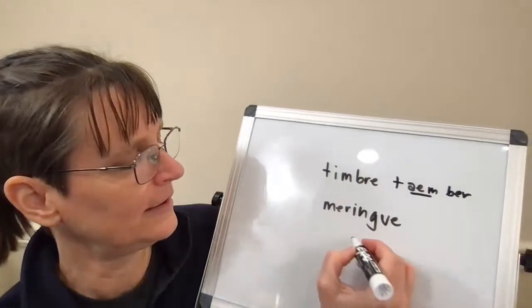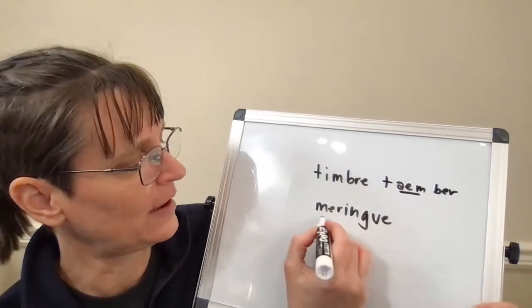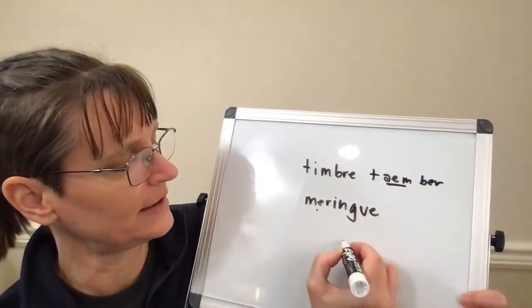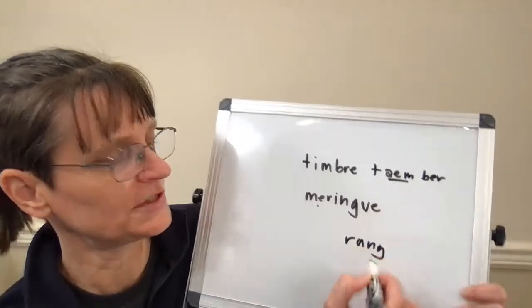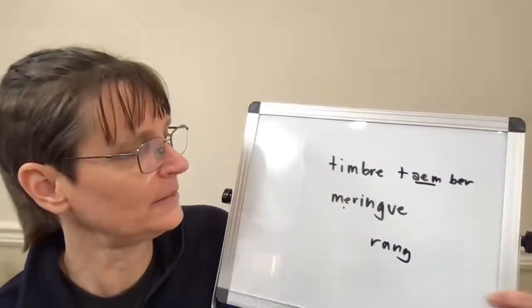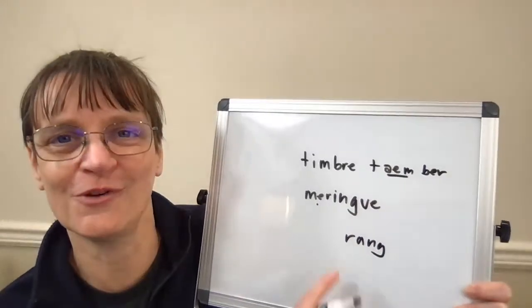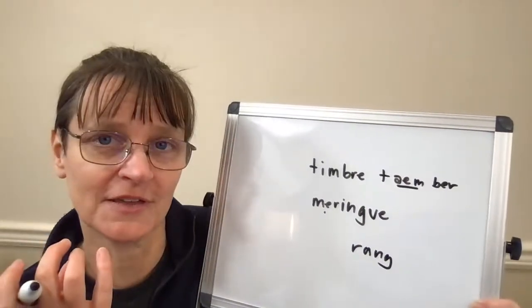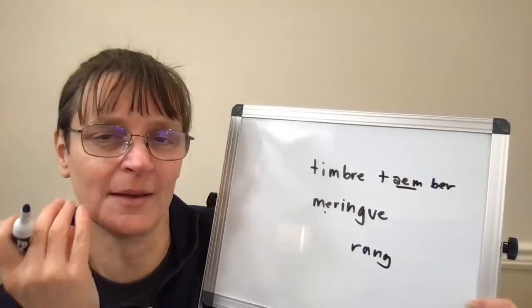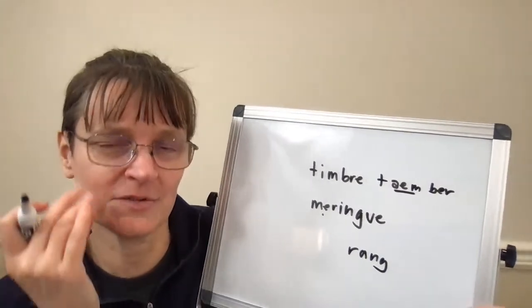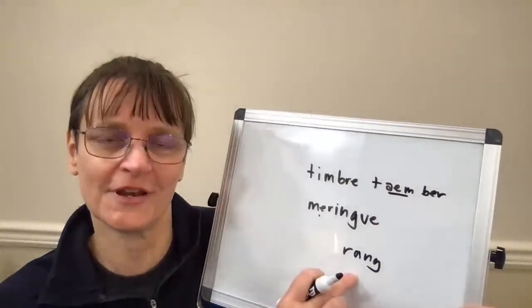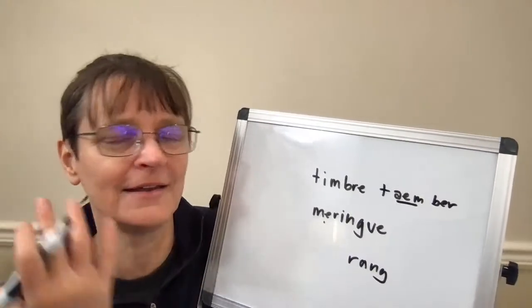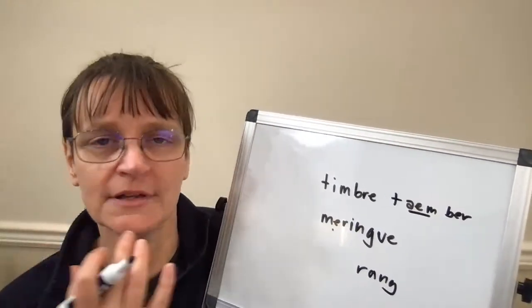So timbre, good. And then for meringue, we have an a vowel, unstressed, and then rang is just like rang, like I rang the bell. Again, another a vowel with an ng. So just like the n, when I had man and hand, where it was nasalized, even more so with an ng sound. Rang, rang. It almost sounds like a different vowel. It is the same vowel.